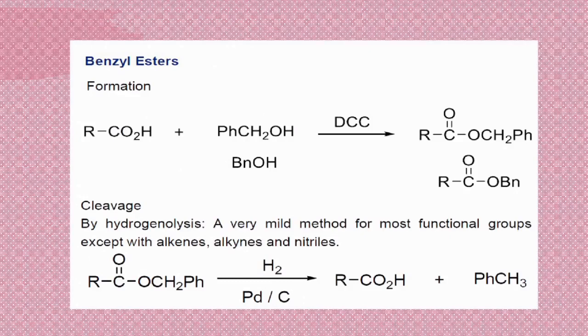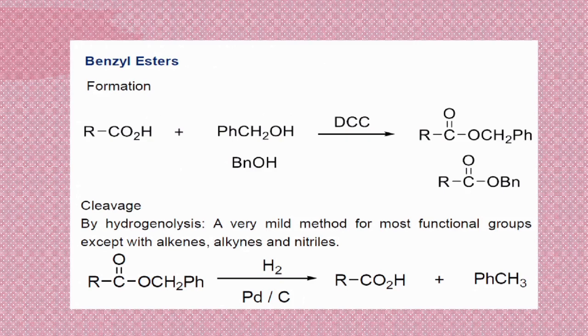And the third one is benzyl ester, and the formation of benzyl ester is similar because we are protecting the carboxylic acid as an ester, and this acid reacts with benzyl alcohol in the presence of DCC, resulting in the formation of benzyl ester. And the cleavage step is different.